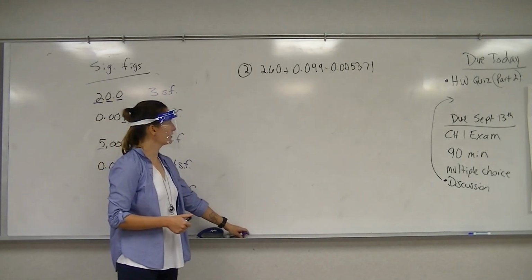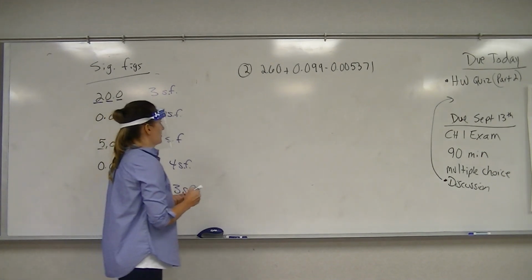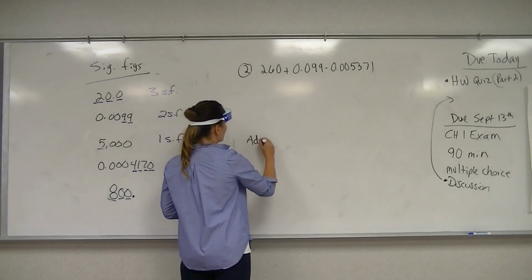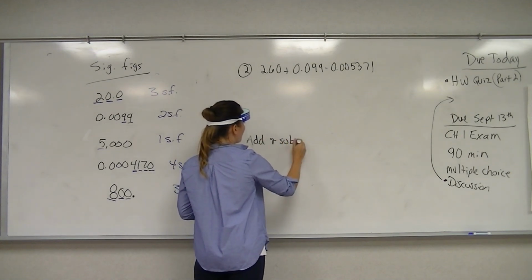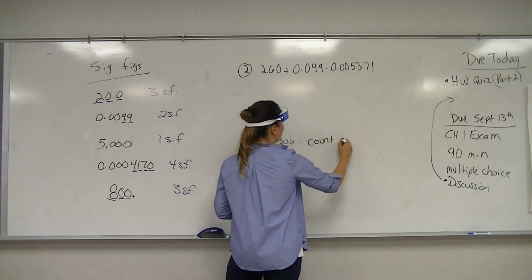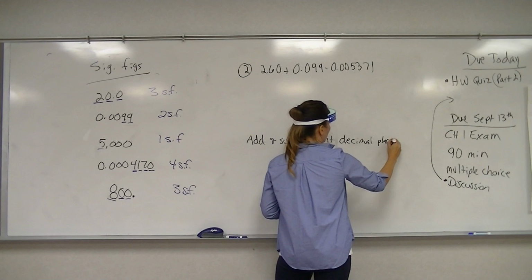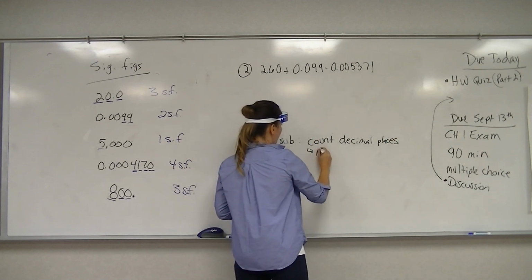Now the tricky thing here is you have to remember the rules and that the rules differ. If we have addition and subtraction, the rules are to count the decimal places, and then pick the least.